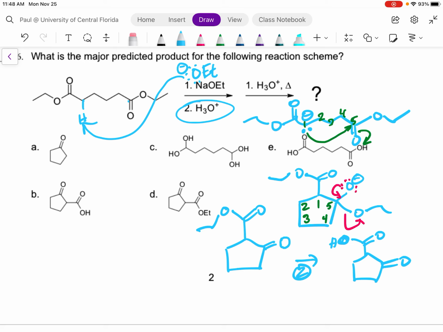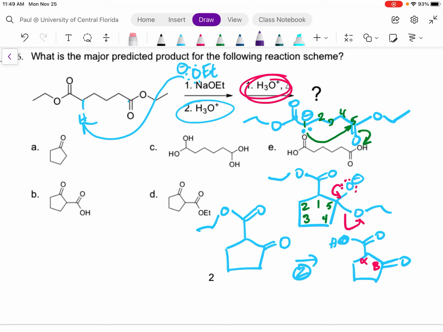Now what do we have here? We have a beta keto acid. So there's alpha. Beta keto acids, when you add a little bit of acid and heat, what do they do? They decarboxylate.